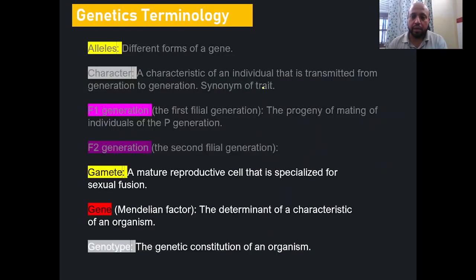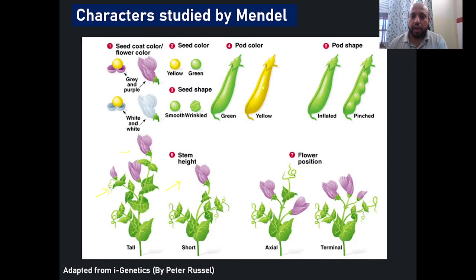Now, taking you forward, these are the seven characters studied by Mendel. Let's take the example of plant height. I can change the color code so that it is visible. So plant height, and we define this as the genotype of these two plants, and phenotypically it looks like this, tall and small or short.